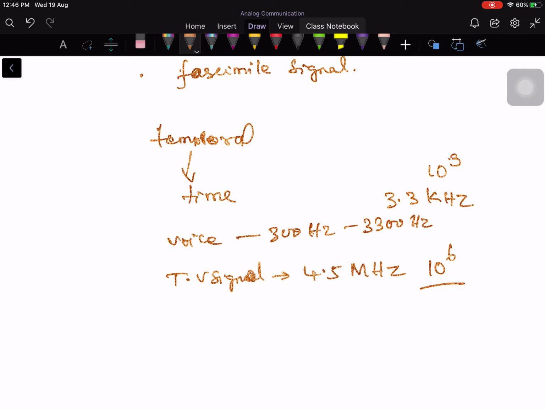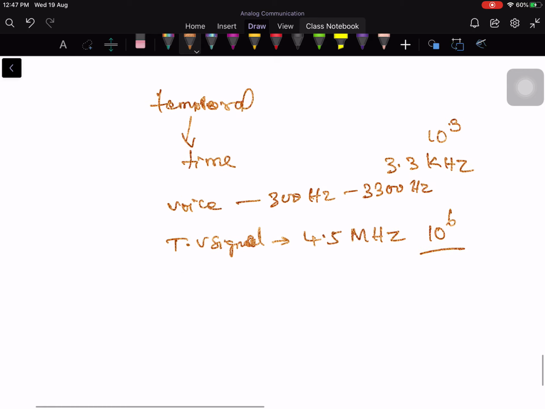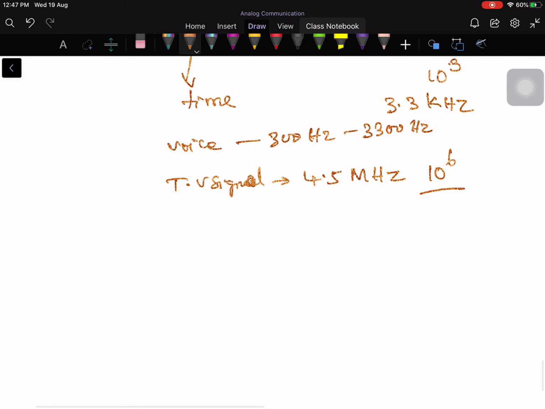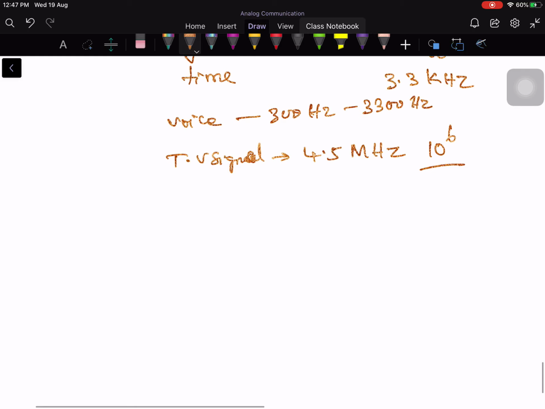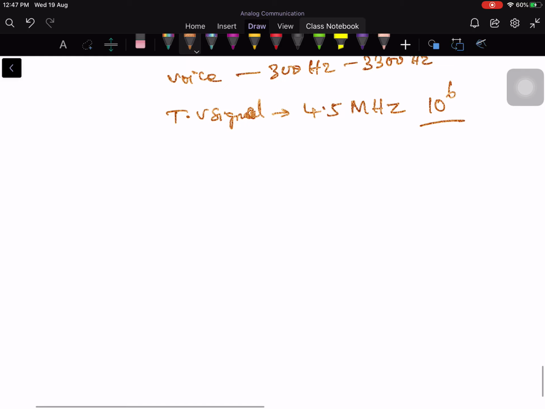You can communicate voice through a pair of copper wires. You might have noticed there are many wires hanging across buildings or from town to town, telephone lines. You cannot use those lines for transmitting your TV signal, because the bandwidth requirement of your TV signal is much higher.